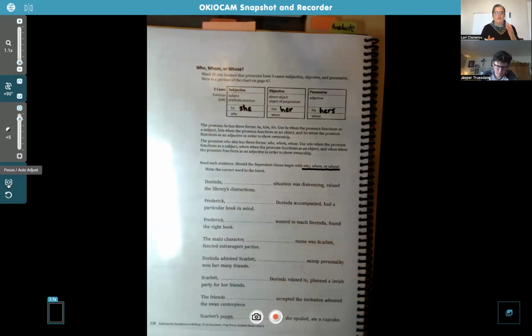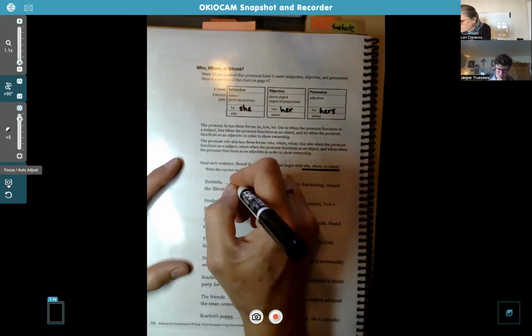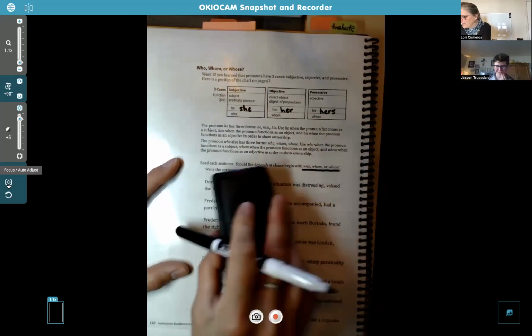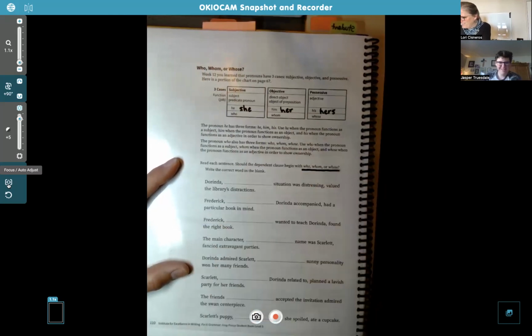Now, the book tells you to do all these little tricks and find the verb and then look for the subject and decide if it's possessive or objective or whatever. But really, the easiest way is to see which one fits. So that one obviously would be whom, I'm sorry, it is not whom. Hello, it's whose. Hope you didn't write that in pen.